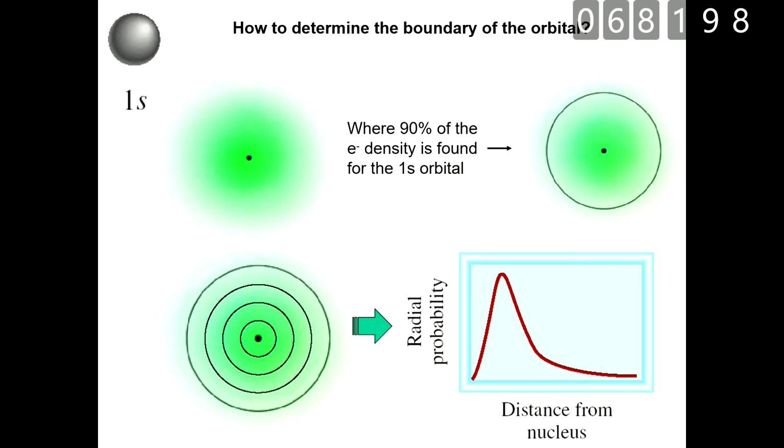So the boundary is here. Inside this circle, 90% of the density is in the circle. Of course, there is still about 10% outside, but we just see this as the boundary of the orbital.